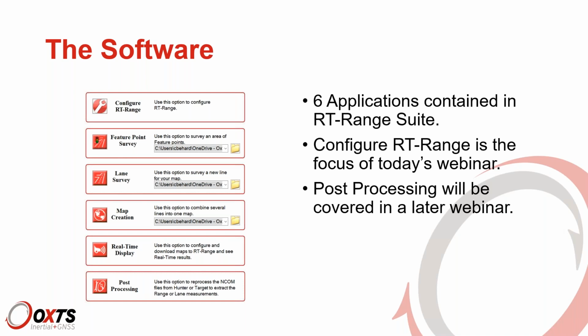Real-time display, which is used for looking at the measurements in real time. And then post-processing, which we won't go over at all today because there is a separate webinar solely based on how to post-process RT range data.